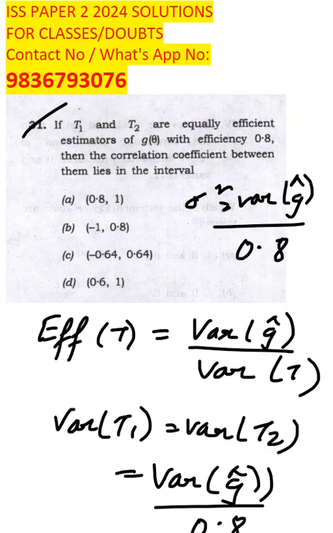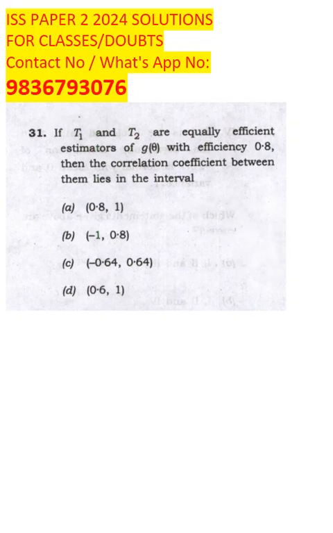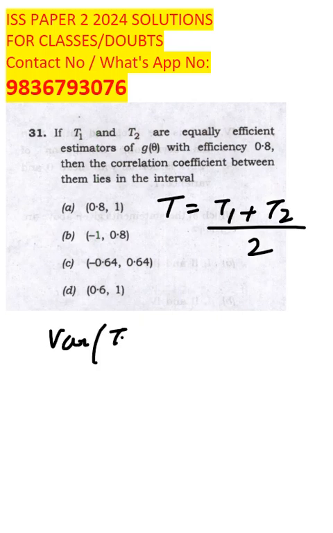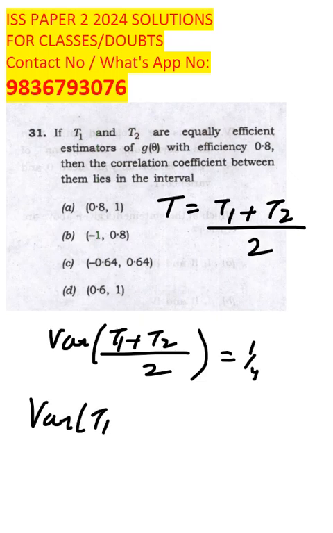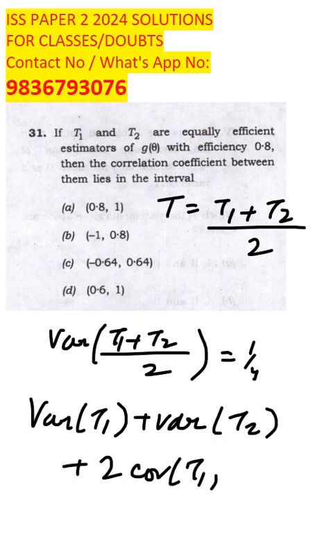So here what I can define it as, variance of g by 0.8. Okay, so we will consider a combined estimator for this now. So that is t equals t1 plus t2 by 2. Okay, so now variance of (t1 plus t2) by 2 is equal to 1 by 4 [variance of t1 plus variance of t2 plus 2 covariance t1 t2].